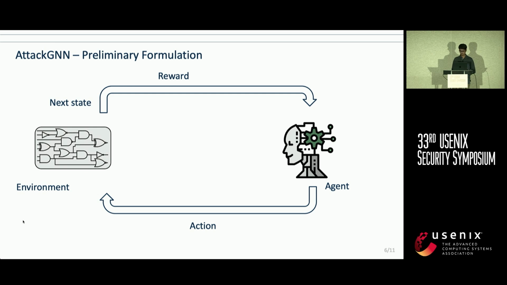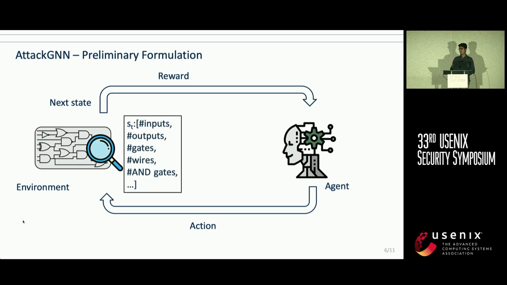Now we define the state as certain properties of the circuit that we are targeting. The state vector is a feature vector of multiple dimensions. It can have things like the number of inputs of the circuit, the number of outputs, the number of gates, wires, and counts of different kinds of gates. These are the different features that we consider as our state of the agent.